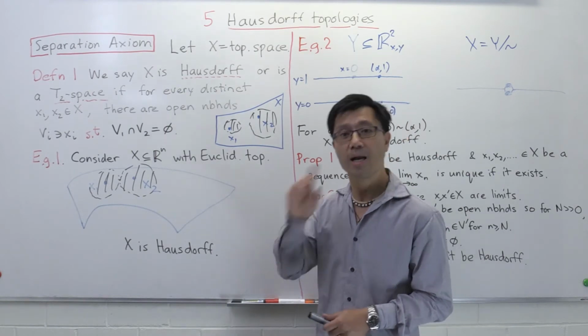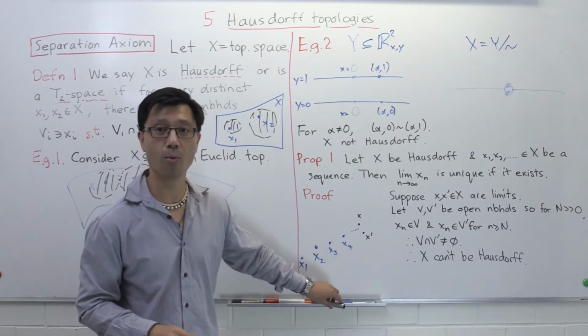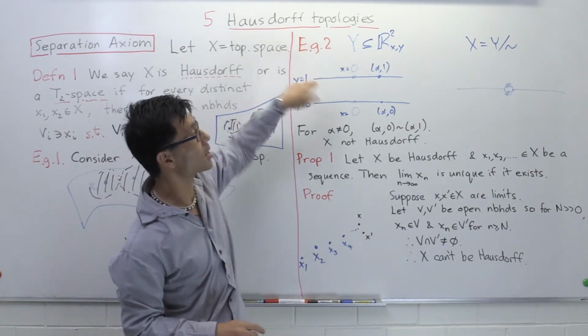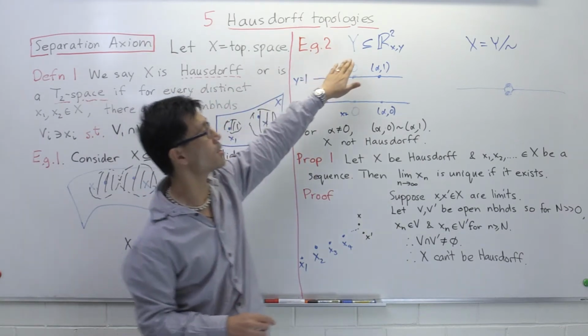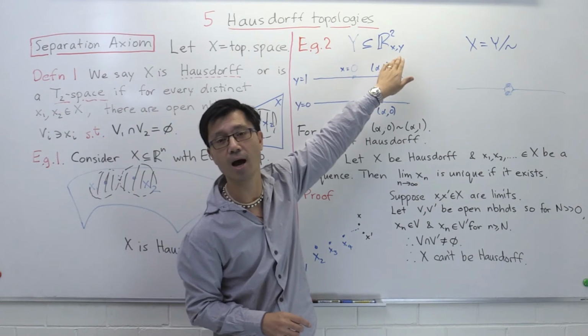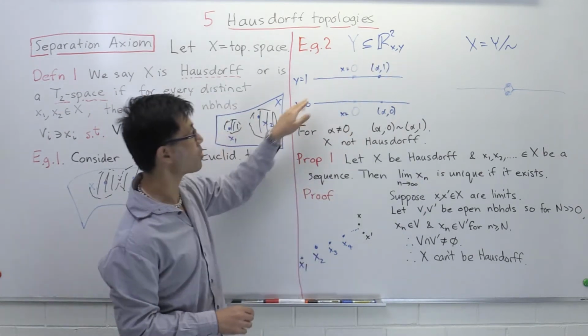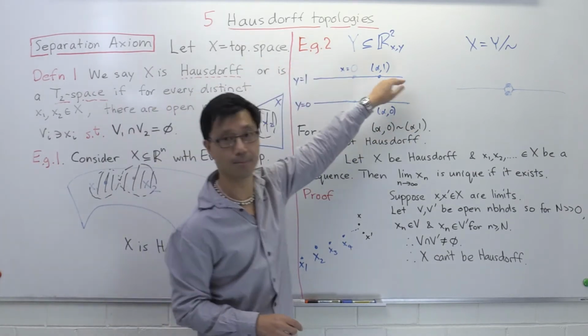Okay, let's look at another example which is not Hausdorff, and this is rather interesting, and we're going to get it from an example which is Hausdorff. We start with basically a pair of lines. Let's be specific. We'll situate the 2 lines inside the plane R2 with coordinates x and y. Maybe you have the y equals 0 line here and the y equals 1 line here.